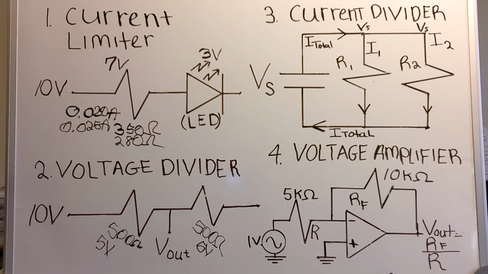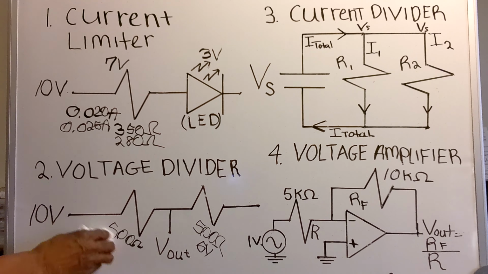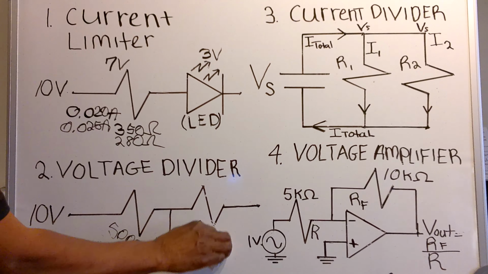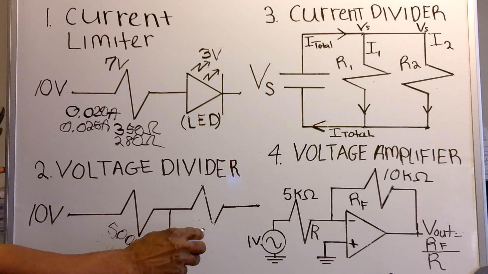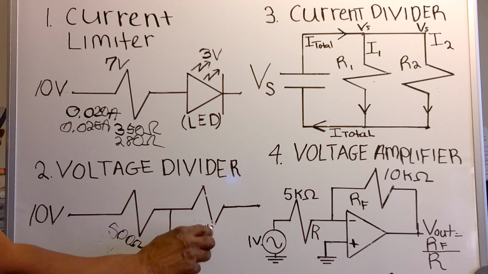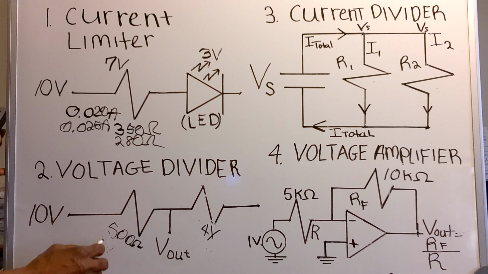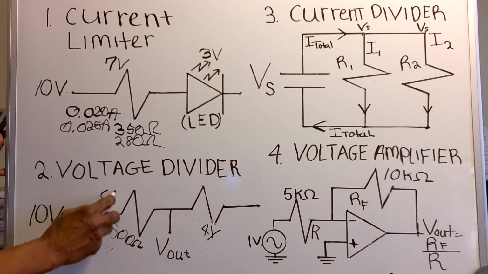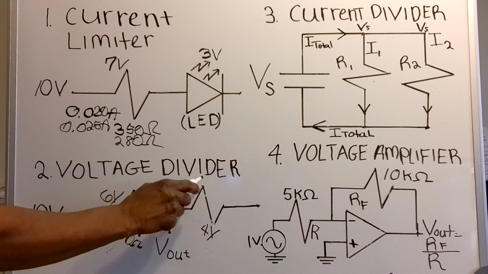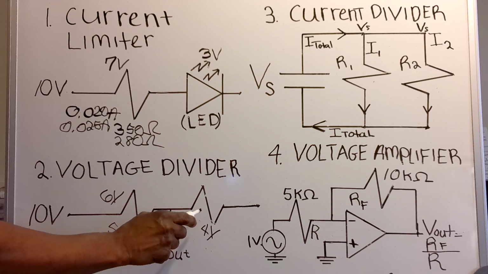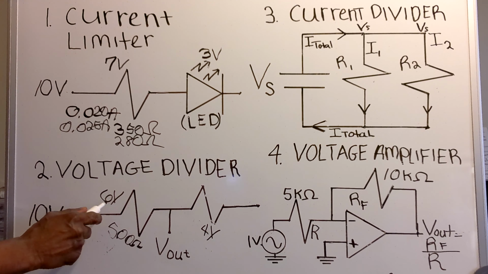But what if I wanted, for example, 4 volts here and 6 volts here? Now, I want to keep my 500 ohm resistors right here. But now, what resistor value goes right here? Well, what I'll do is I will determine the current flowing through the circuit.